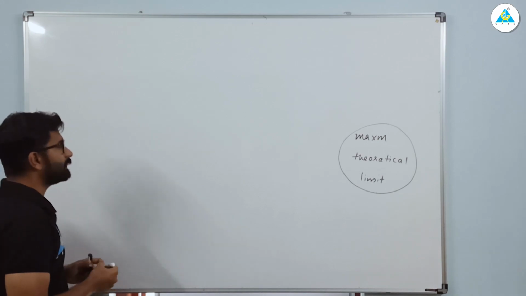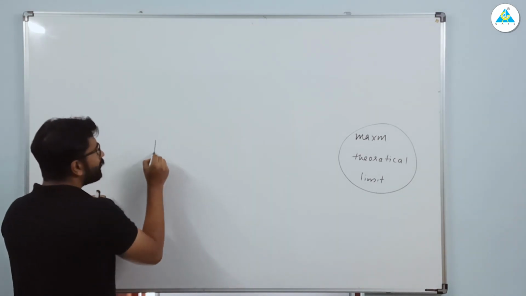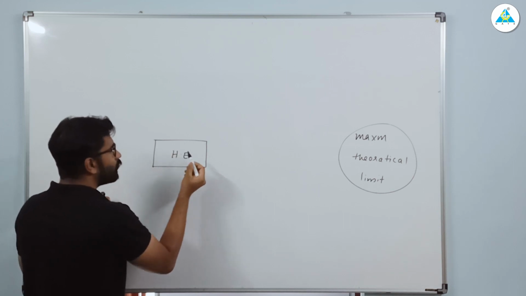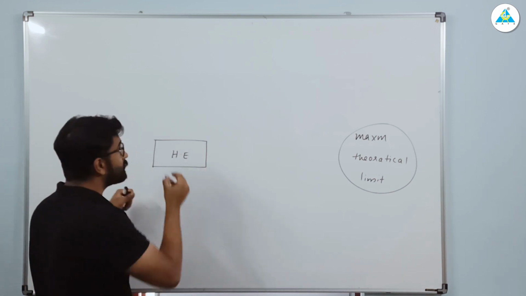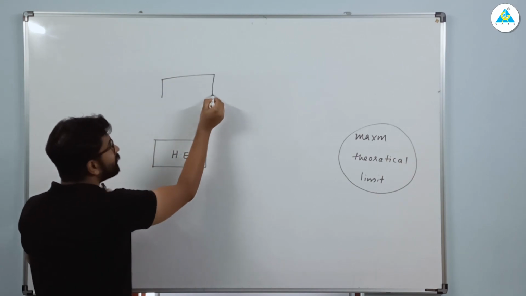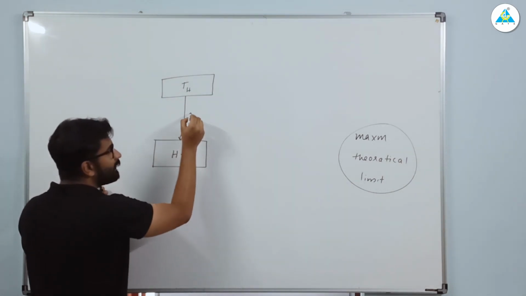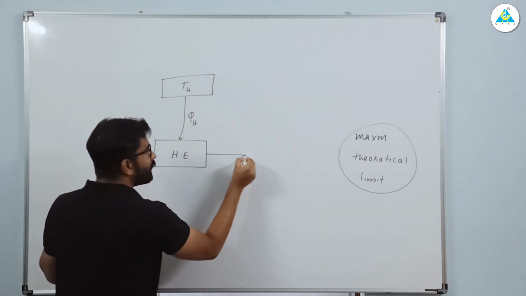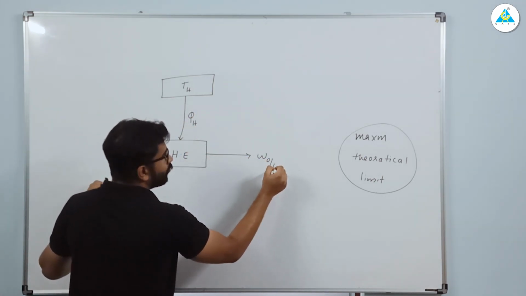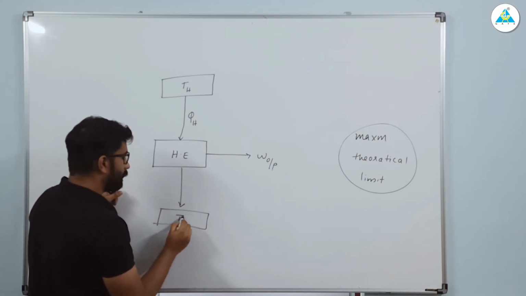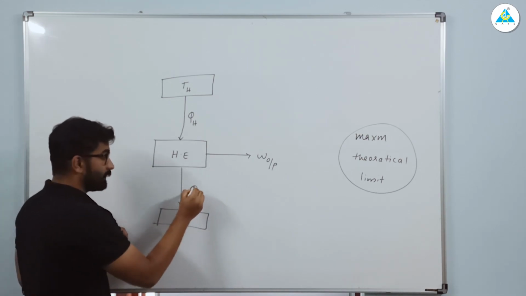So we can see here what the meaning is. I have already discussed the heat engine. You can see here the heat engine. So how is the working of a heat engine? We have a high temperature source, and from the high temperature source we are taking heat and converting it into a work output, and we are rejecting the rest back to a low temperature sink.